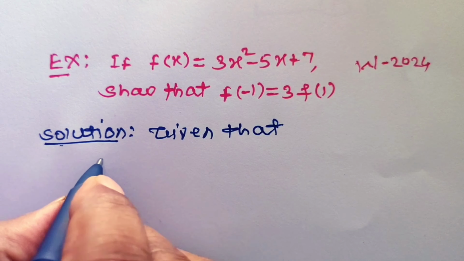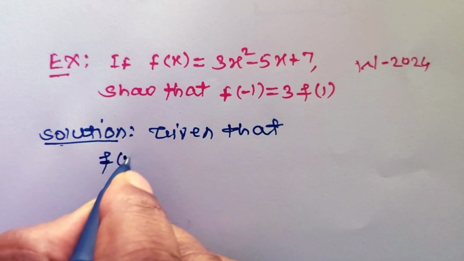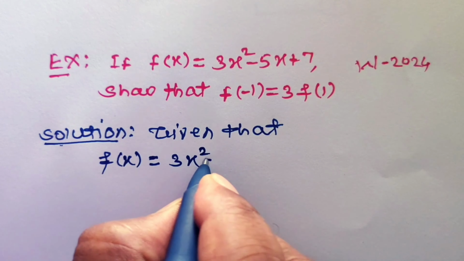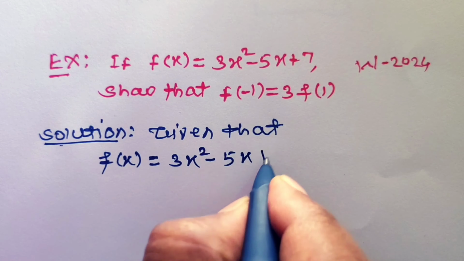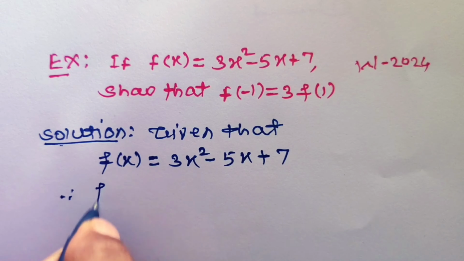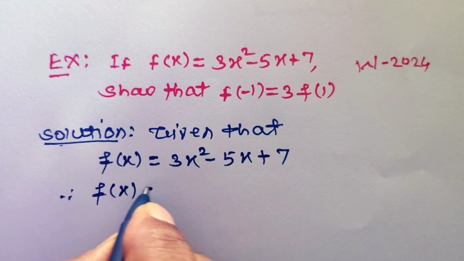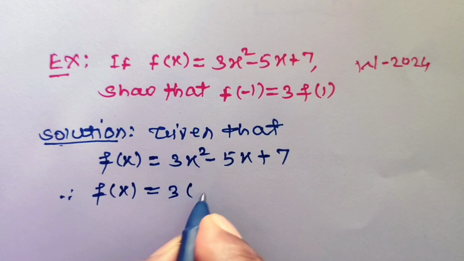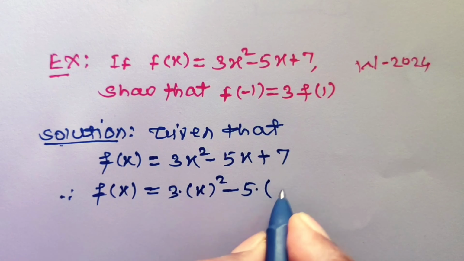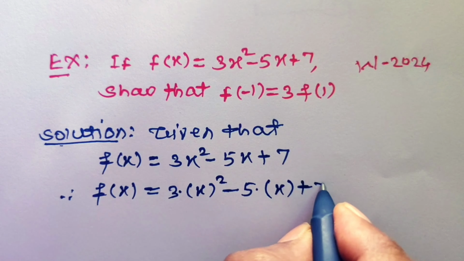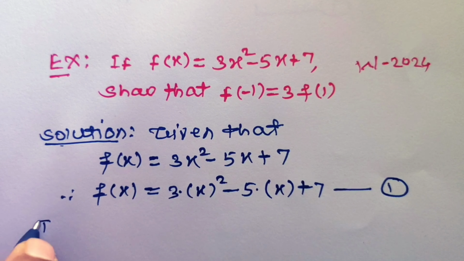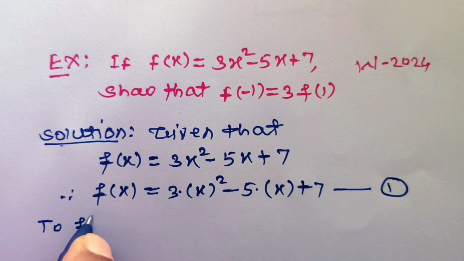Hence, f of x is equal to 3x square minus 5x plus 7. This is the given equation. Now keep x in brackets and rewrite the equation. Hence, f of x is equal to 3 into (x) its square minus 5 into (x) plus 7, and consider this as equation number 1.